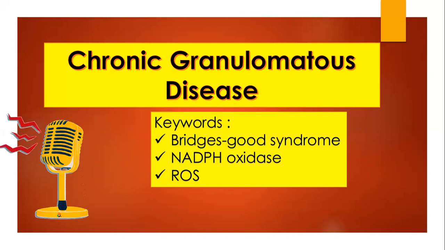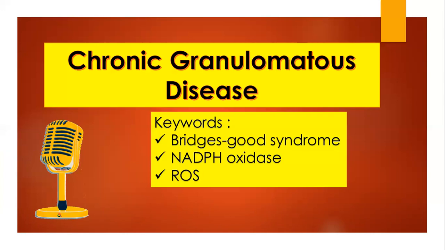And because of this defect, it leads to poor formation of what we call ROS, or the reactive oxygen species. So again, whenever there is defective NADPH oxidase, it will lead to poor formation of what we call reactive oxygen species.